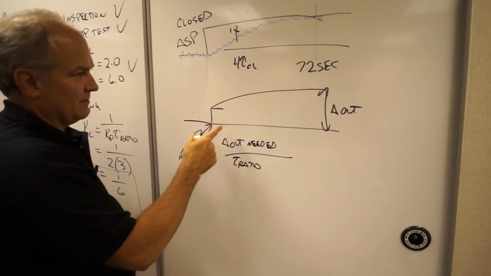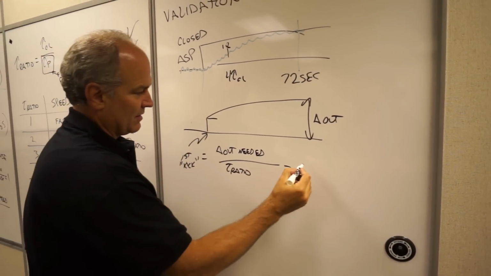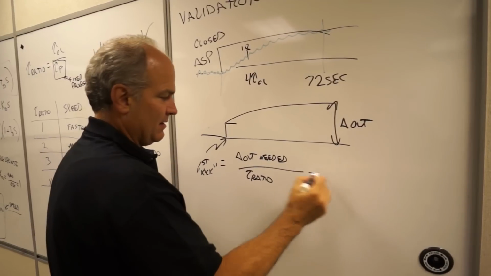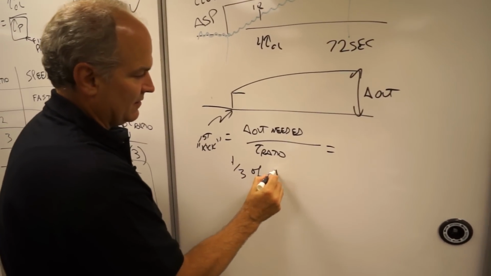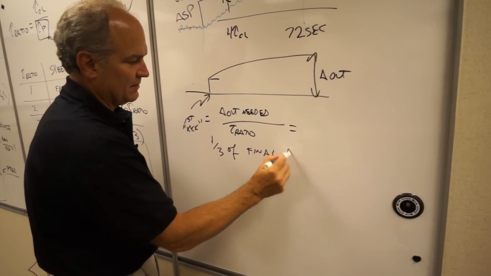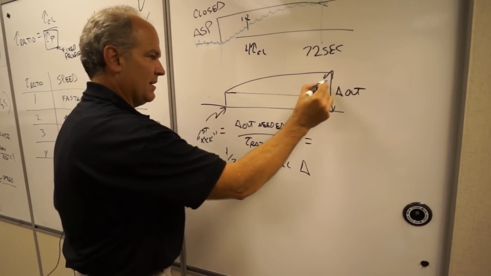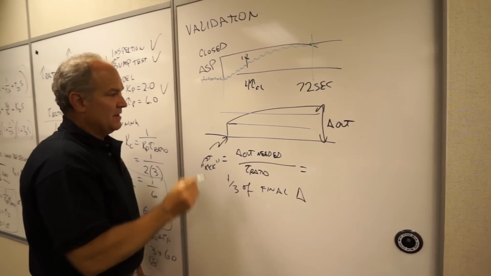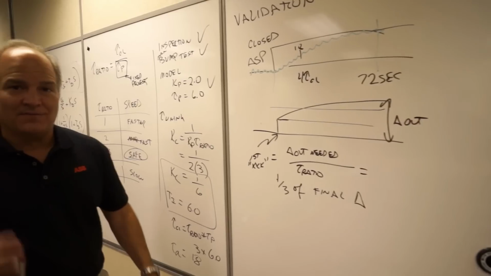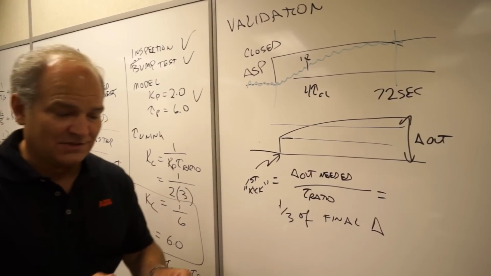So in this case, it would be 1/3. So the result would be, the kick will be 1/3 of the final delta. So I almost got that drawn right. So this would be 1/3, and then it gets there the rest of the way. So with this, you can actually come up, and then you can walk away and you know this thing's tuned.